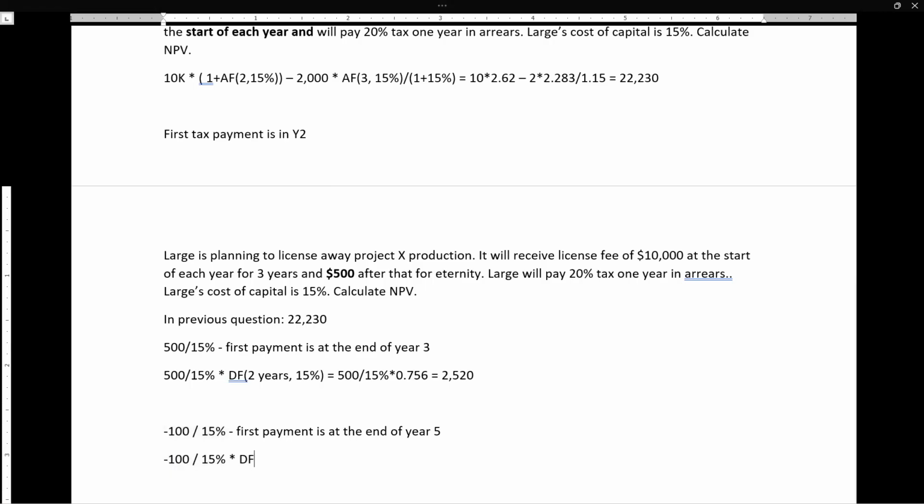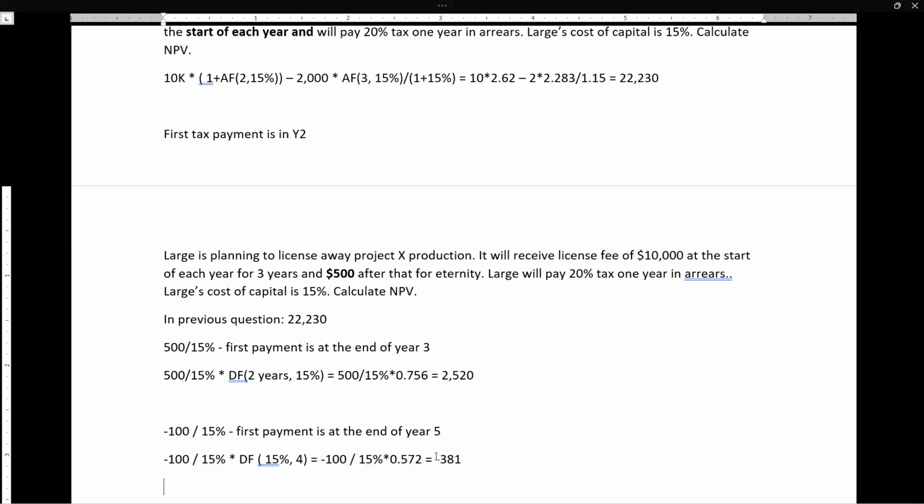So multiplied by discount factor of 15% and year 4. And discount factor of 15% and year 4 would be 0.572. Now let me recalculate it. And that is minus 381. I would not take the cents.